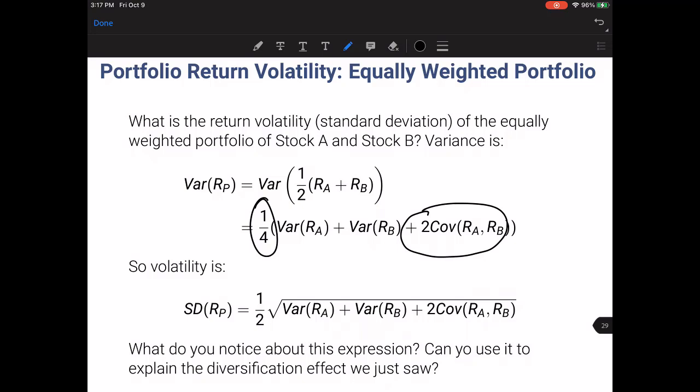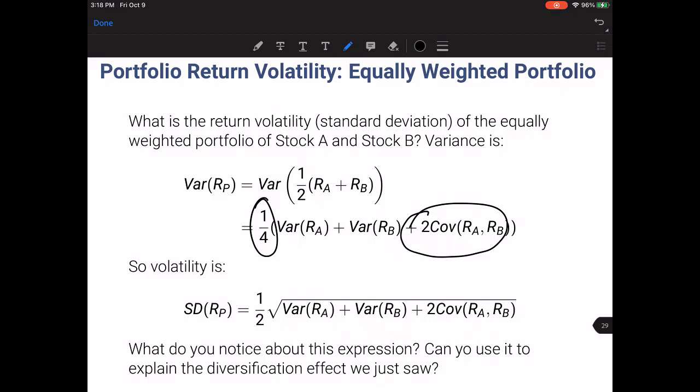All right. This is like how well these two assets are correlated with one another. If they're not correlated at all, meaning they're independent, they don't move together, then this could go away. It could be 0, right? But if they're very correlated, like perfectly correlated, then that's going to enhance the volatility of our portfolio.